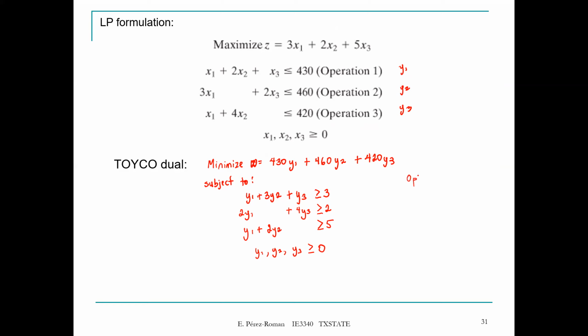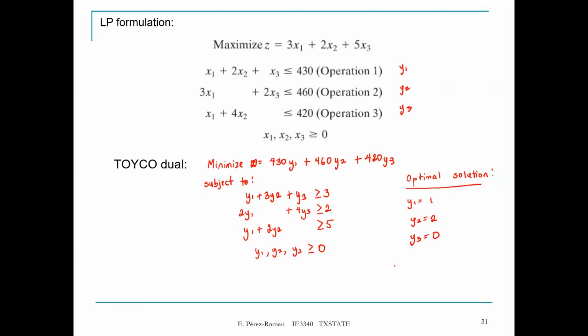So by applying one of the two methods that we discussed at the end of the previous video, we can find the optimal solution for the dual. So the optimal solution equals Y1 equals 1, Y2 equals 2, and Y3 equals 0.